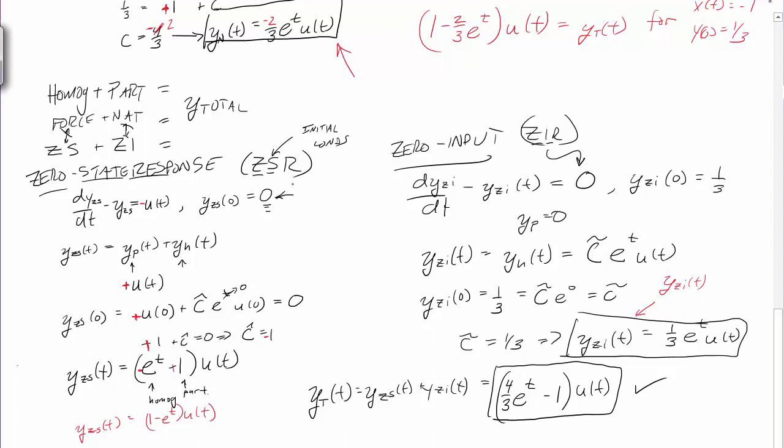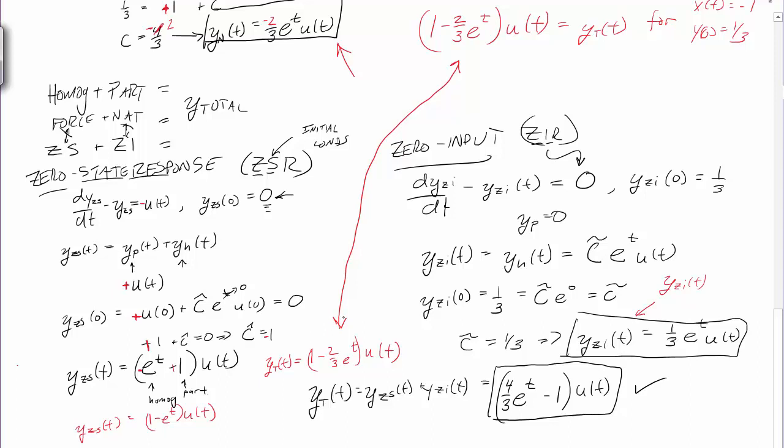And so if we add these up, let me see, where is there room? So let's do y total of t will be the sum of these two. We get 1 minus 2/3 e to the t, u of t. And that agrees with our forced versus natural methodology.